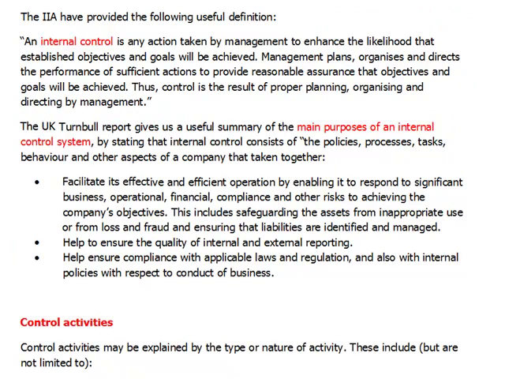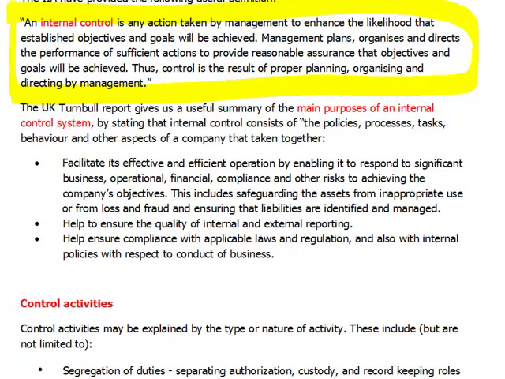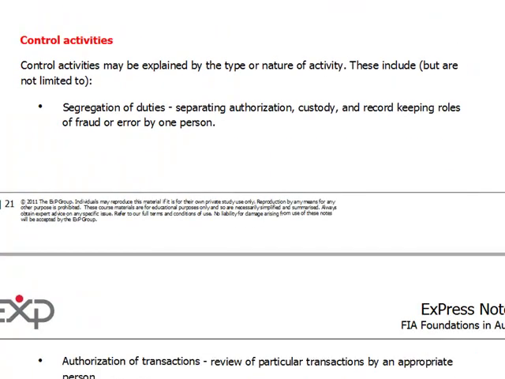On page 21 in the notes, you have the overall definition of internal control. You see that it's the action taken by the management to enhance the likelihood that objectives will be achieved. That's the easiest and the most obvious definition of internal controls. Now, if we go down on that page, you will see control activities.